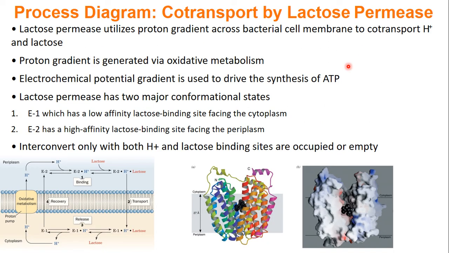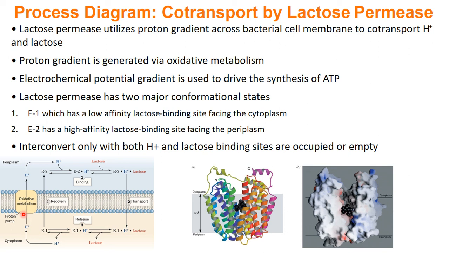All right, another transporter, lactose permease, is a co-transporter, but if we look at this image, it looks a lot like what we've seen already. So it has two different forms, E2 and E1. Here we're doing lactose and hydrogen as well. And then we have the proton pump, which we're using to do oxidative phosphorylation here.